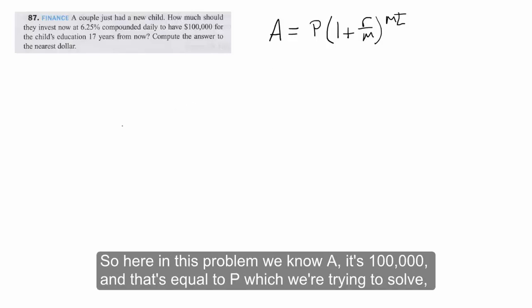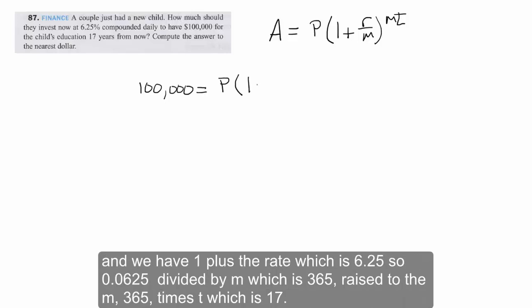So here in this problem we know A, it's 100,000, and that's equal to P, which we're trying to solve, and we have 1 plus the rate, which is 6.25, so 0.0625, divided by m, which is 365, raised to the m, 365, times t, which is 17.